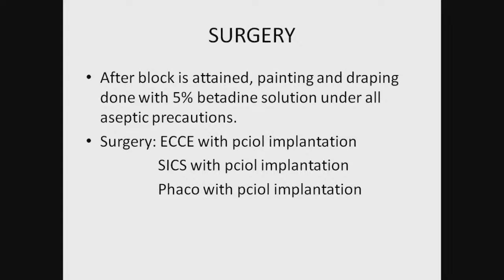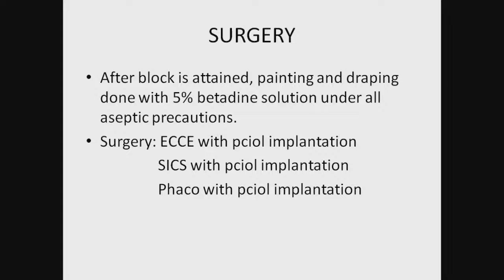Now surgery. After the block is attained, you can put some 5% betadine in the eye. This 5% betadine is very helpful because it cleans the surface microorganisms and makes the surface area sterile. Due to the use of 5% betadine, the incidence of endophthalmitis is decreased to a large extent.